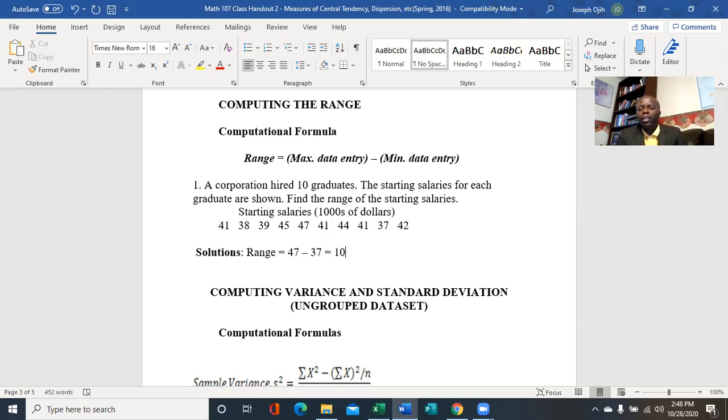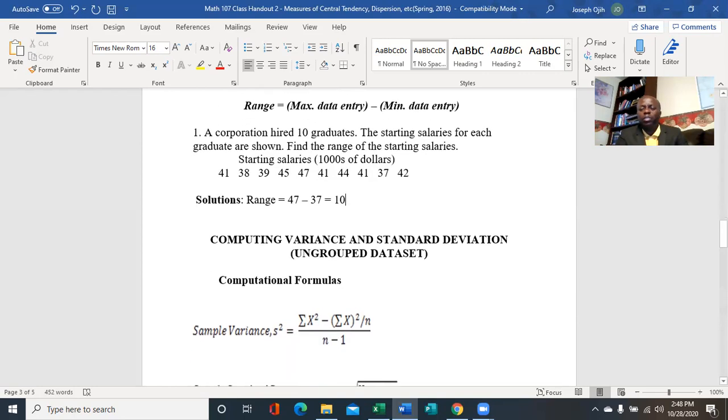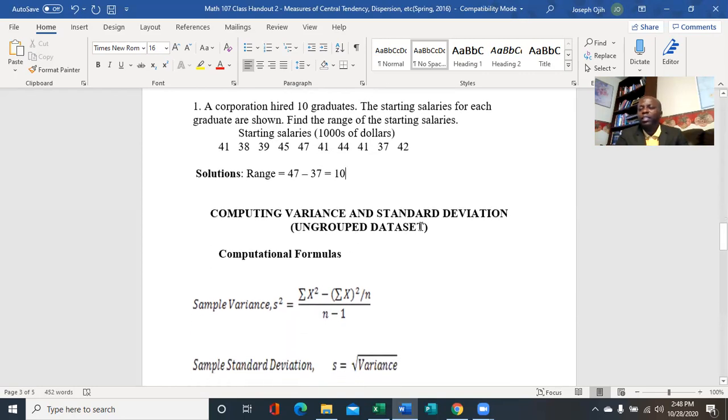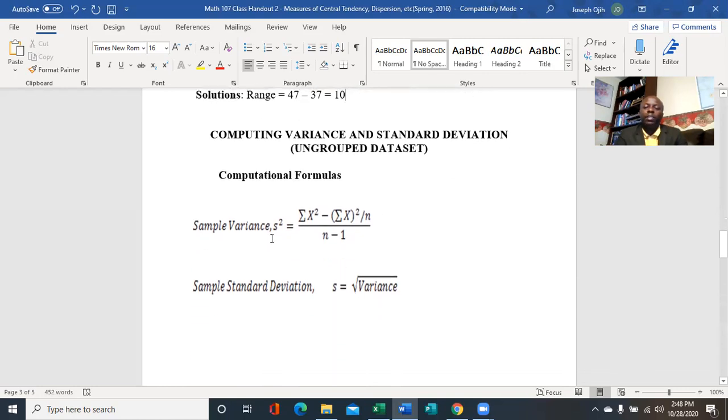Now, the ones that give more challenge to calculate are the variance and standard deviation, and we will turn our attention to them now. The formula is for the sample variance, where you use a sample because most of the time we work with samples. We can't do the entire population except if we are doing a census.